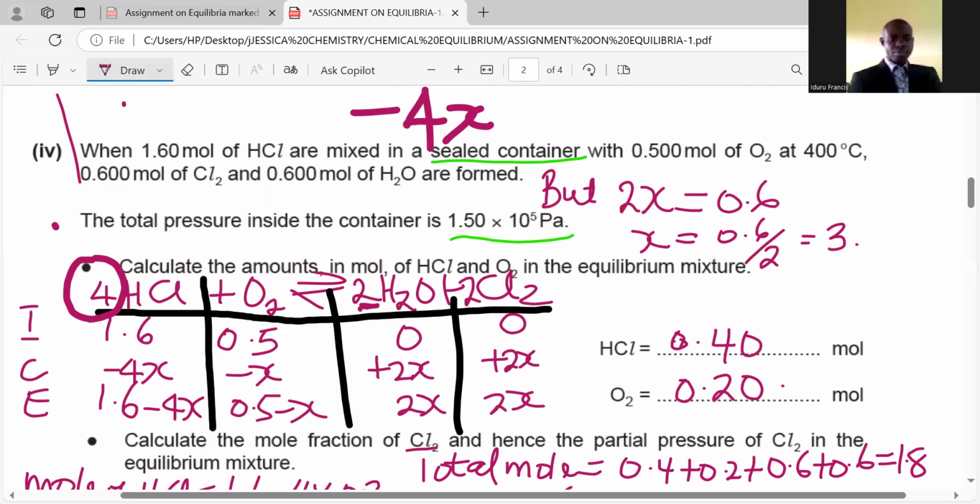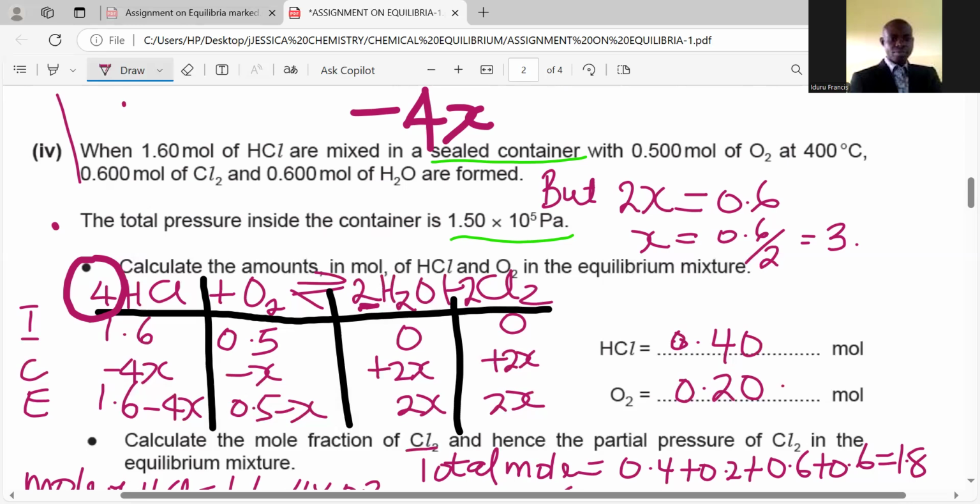For chlorine gas, also plus 2x. So plus for the product and minus for the reactant. Minus indicates a decrease in mole, and plus indicates an increase, and the change is a factor of their mole. So x represents the increase for the product and also the decrease for the reactant, but it must be with respect to the number of moles of the reactant and product.